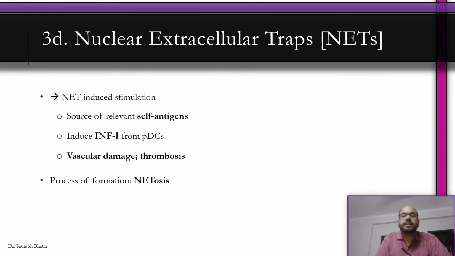So what happens when NETs are produced? These NETs can act as a source of relevant self-antigens. Remember, I've told you how NETs are constructed. They are constructed by broken down nuclear fragments along with all the protein molecules. If you have broken nuclear fragments in the circulation outside the cell, they can stimulate immune cells to form autoantibodies.